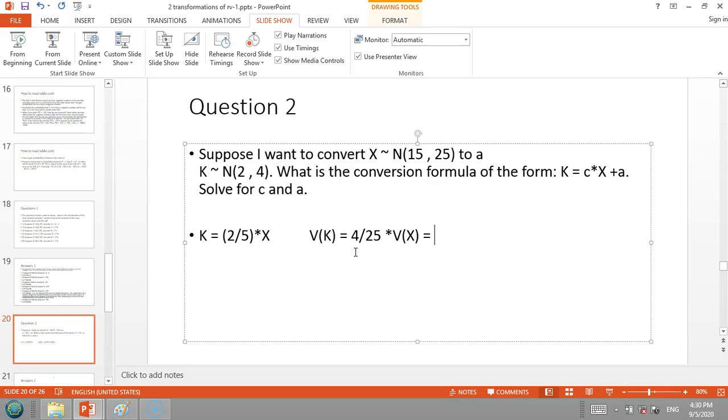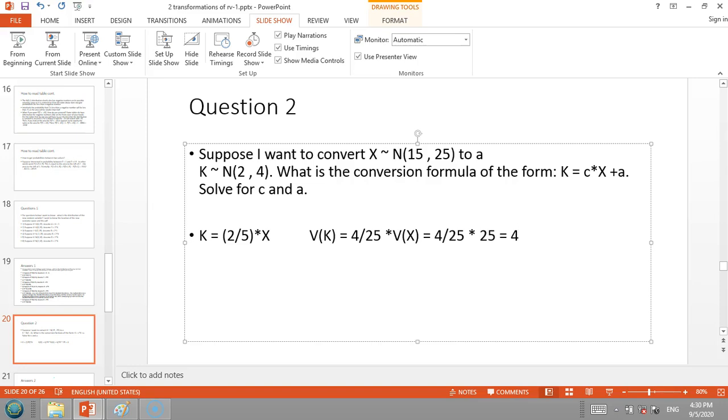Okay, so this is correct, because the variance of x is 25. That equals 4, so everything is good. The variance of k is 4.